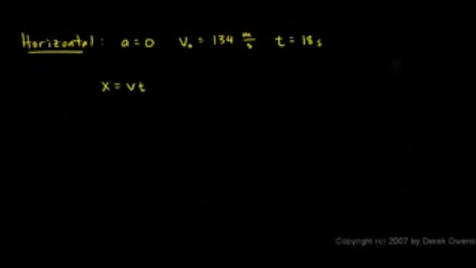Remember that equation just came from x is x0 plus v0t plus 1/2 at squared, where the acceleration is 0 and the initial position is 0. So we just have distance is velocity times time. And if you recognize that, you don't have to write out that step. You can just go straight to x equals vt.